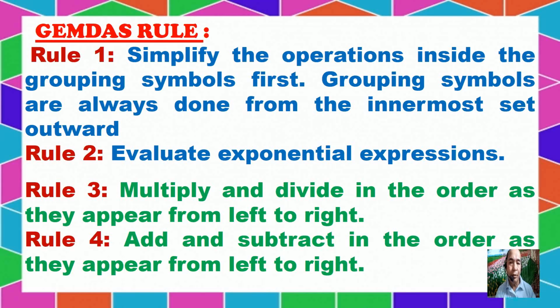Try to take note of this one: do not perform addition first if the operation from left to right begins with subtraction. Whether it is subtraction or addition, you have to follow whichever comes first from left to right.